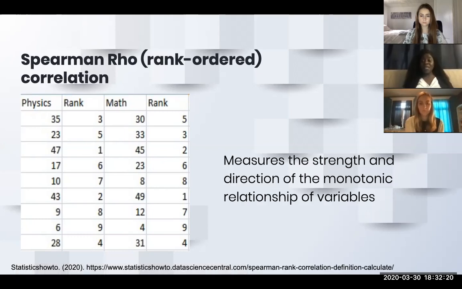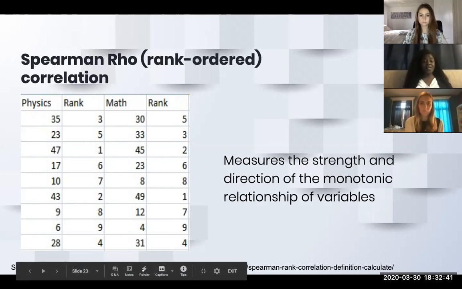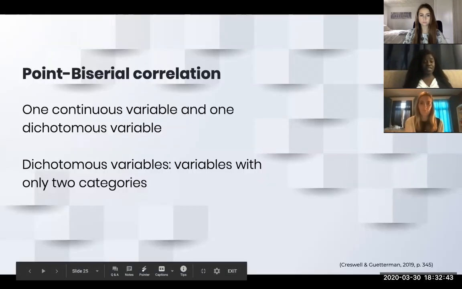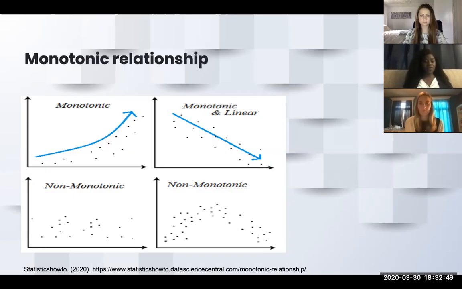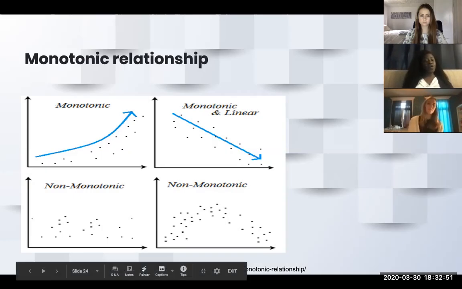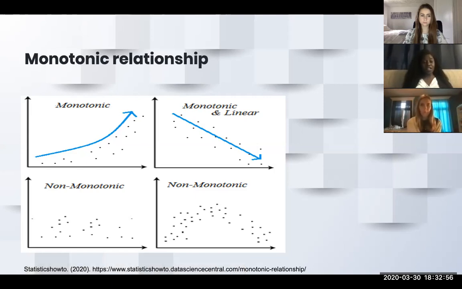Now on the slide it mentions to measure the strength and direction of the monotonic relationship of the variables. Monotonic relationships can be the same as linear relationships, except that the increase or decrease doesn't have to happen at the same rate. So let me skip to the other slide to show you an example. So there we go. All right, so the blue lines underneath the heading monotonic.